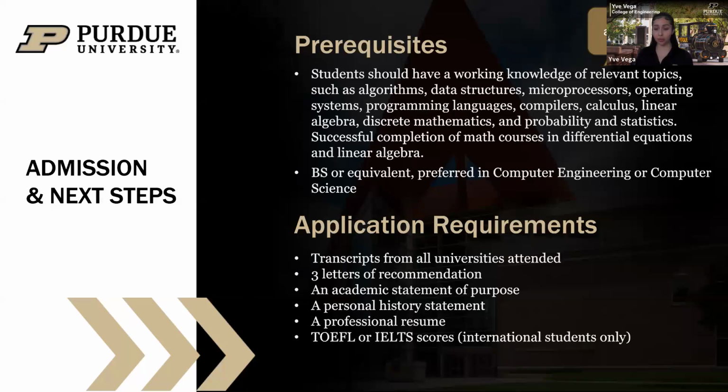You will also submit 2 different writing statements. One is an academic statement of purpose, the other is a personal history statement. Essentially, these 2 documents tell us more information that we wouldn't be able to get from your other application documents. If you have any questions about what to include on those, we have really helpful guides on our website that include some really helpful prompts that we will also go ahead and include in the email that we will follow up with.